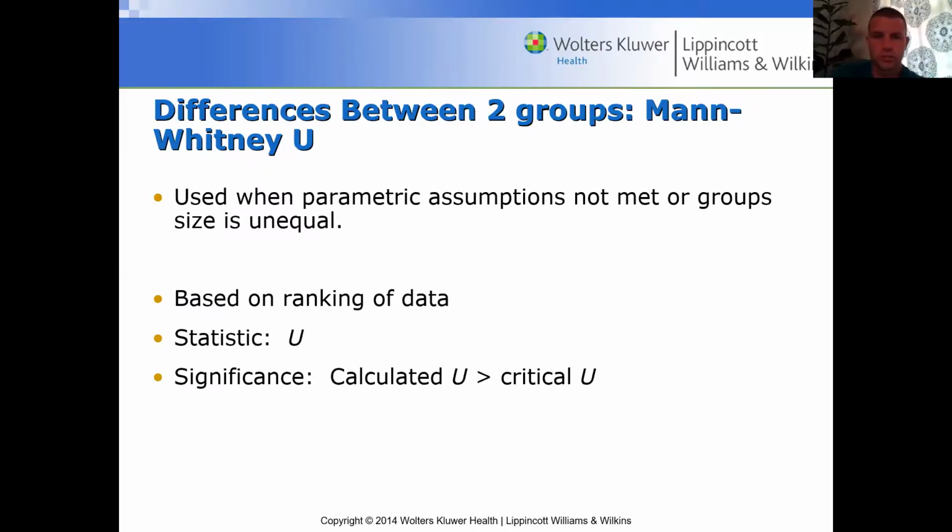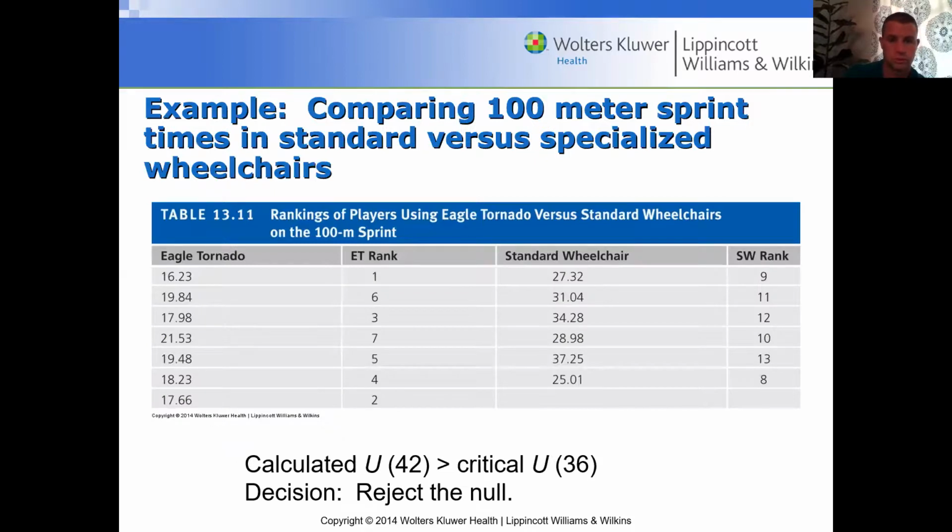Differences between two groups, the Mann-Whitney U, is used when parametric assumptions are not met or group size is unequal, based on ranking of data. We use a statistic U, and again, it's significant if the calculated U is greater than the critical U. Here's an example comparing 100-meter sprint times in standard versus specialized wheelchairs.